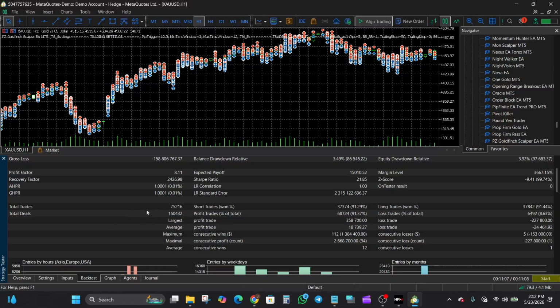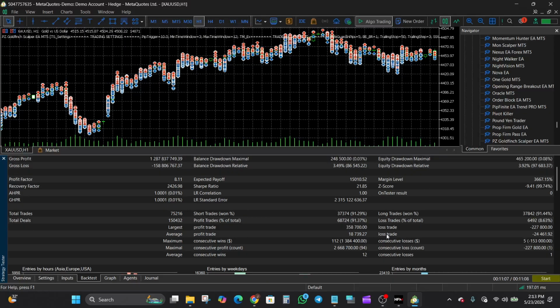Now, when you compare over 75,000 trades and over 90% win rate, alongside a risk to reward ratio that is not extremely bad. It is bad actually, but it's not extremely bad because you can see the difference between the average profit and average loss is not so much.